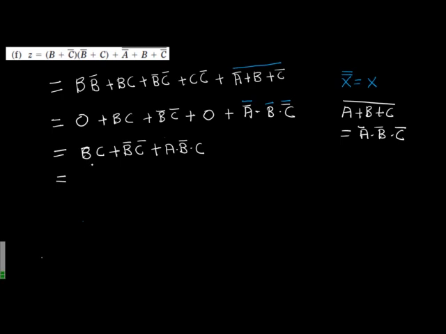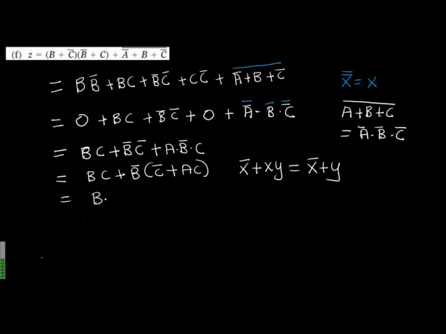Here now we have another common factor which is B bar. So let's look at that. B bar. So I take out B bar, I have C bar, A, C. In this case, can you see theorem 15b? Okay, x bar or with xy is equivalent to x bar or with y.